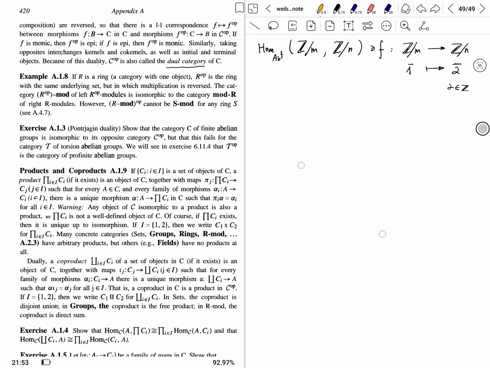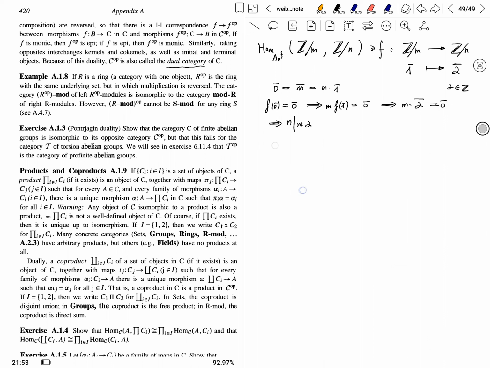It must satisfy 0 maps to 0. 0 is m bar, which also equals m times 1 bar. And so f(0) equals 0 would imply that m f(1 bar) equals 0, that m times alpha bar equals 0 bar, which implies that m alpha falls into nZ, so n divides m alpha.